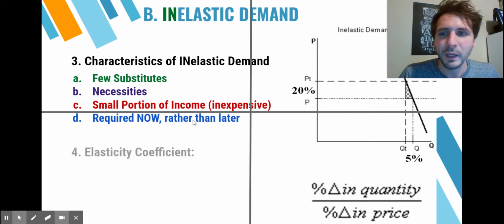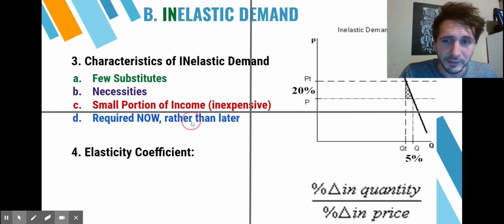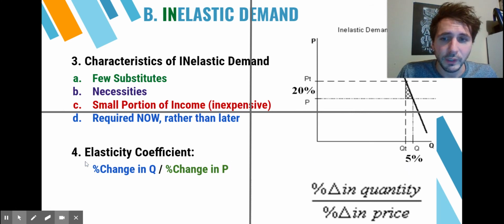You cannot wait. Now, whenever we talk elasticity, we actually define this using an elasticity coefficient, which sounds a lot fancier than it is. All it is is your percent change in quantity over your percent change in price. All right, how much did your quantity change versus how much did your price change? So here, my quantity changed by 5%, so that would be 5.